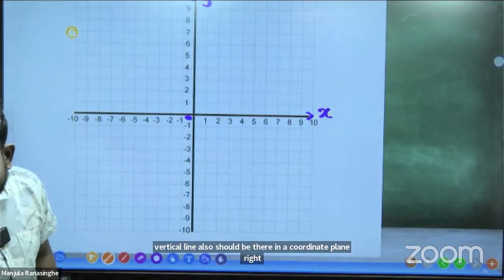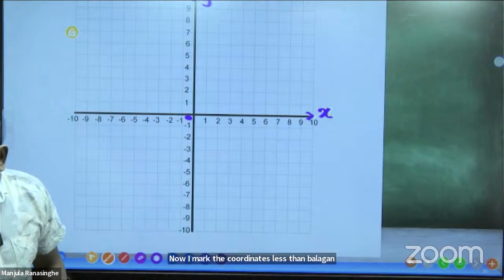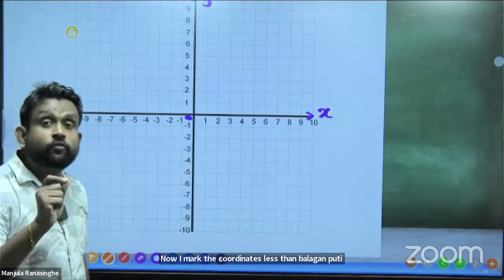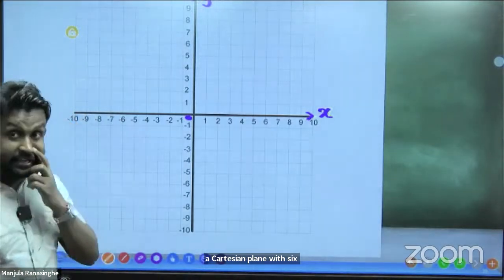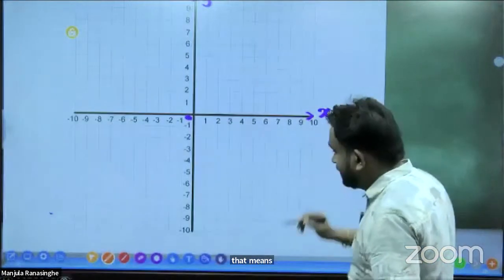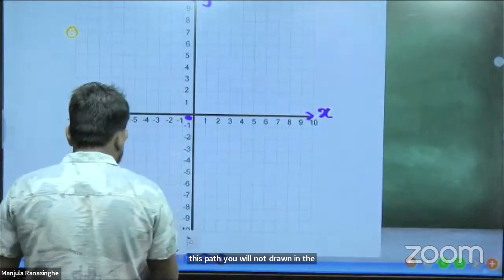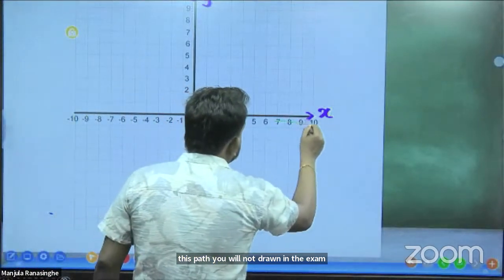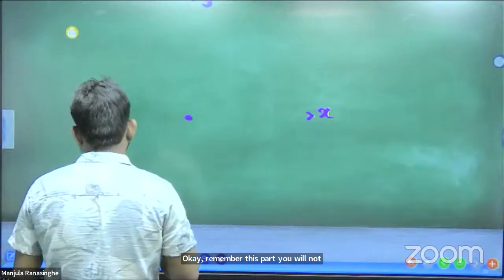Look carefully. Draw a Cartesian plane with 6 units for both x and y axis. That means this part you will not draw in the exam. Remember, this part you will not draw in the exam.